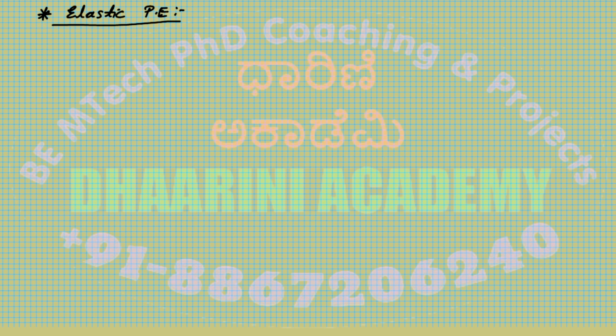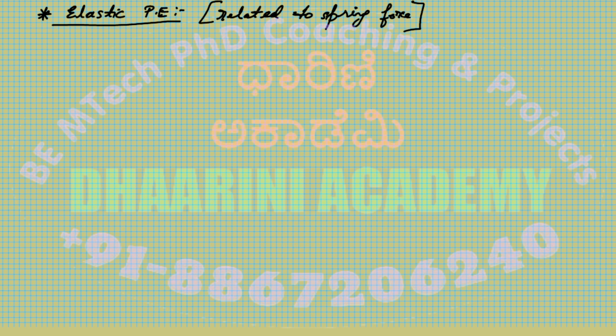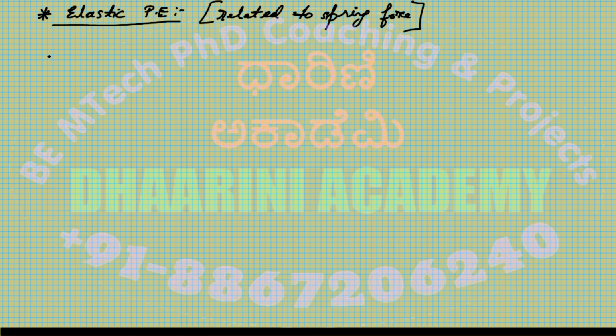Okay, so let's try to write that. This is elastic, so directly I'll write this is related to the spring force. So we know something, let's write that point directly.